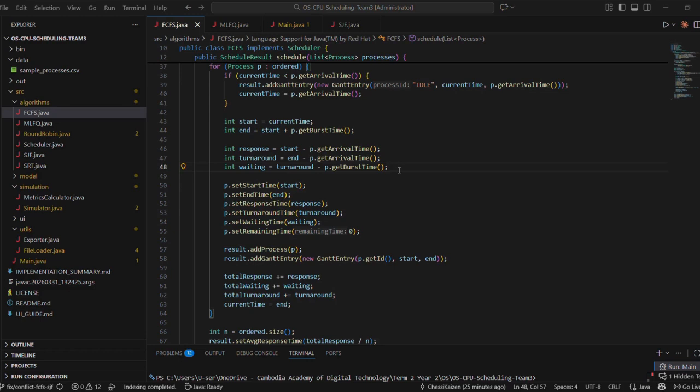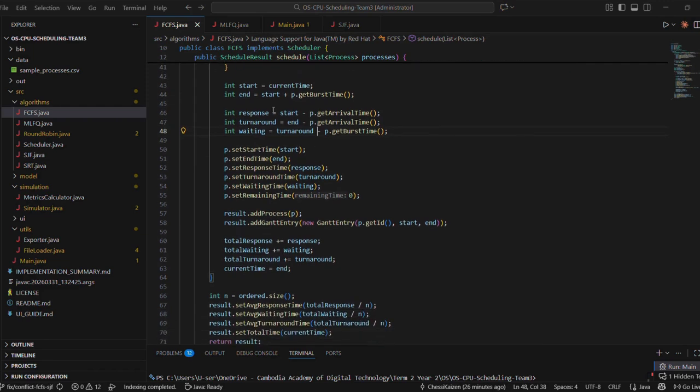We will see how much each process waits. The burst time is the whole time of process execution, not counting the waiting time. So waiting time and burst time together equal the turnaround time.